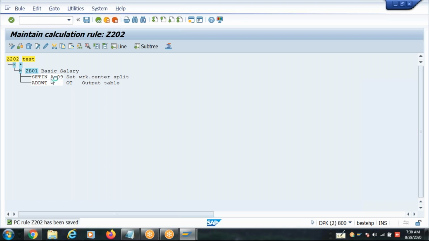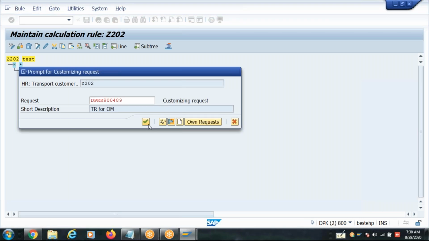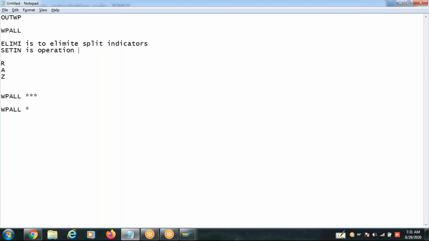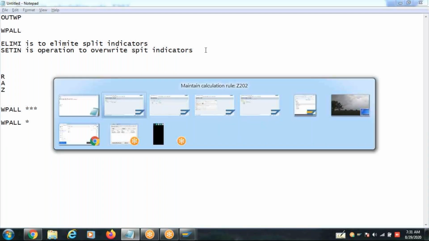Set in is the operation to overwrite the split indicator, to override the split indicators. How does it override?